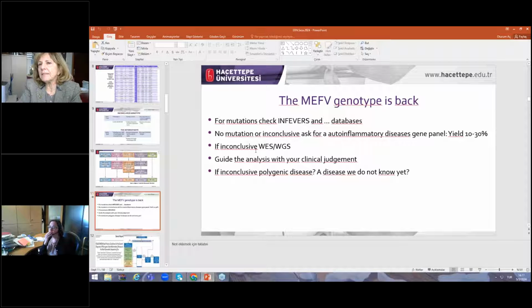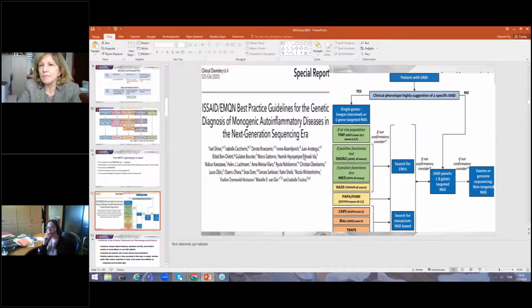And if the panel is inconclusive as well, you should go to a whole exome sequencing or else. And then you can guide the analysis with your clinical judgment. And maybe it's a polygenic disease or a disease we do not know yet. If it's, again, inconclusive, those are things you need to consider.